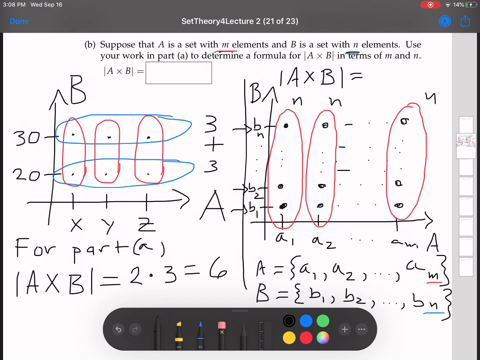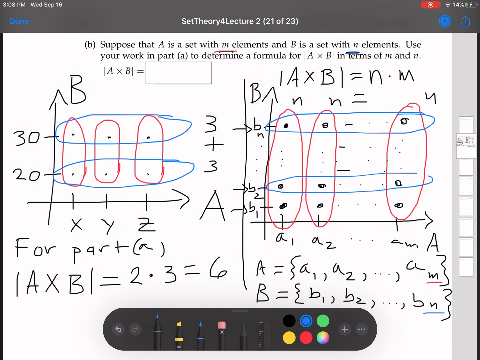So you have n written m times, which is the same as writing m things n times. So the answer is m times n.